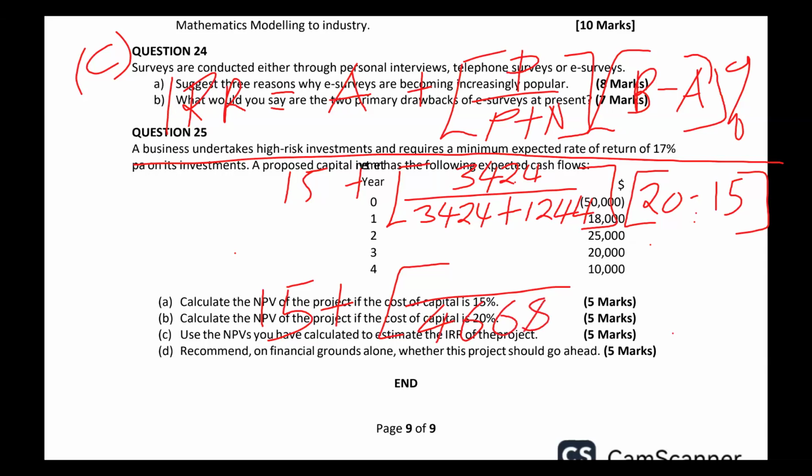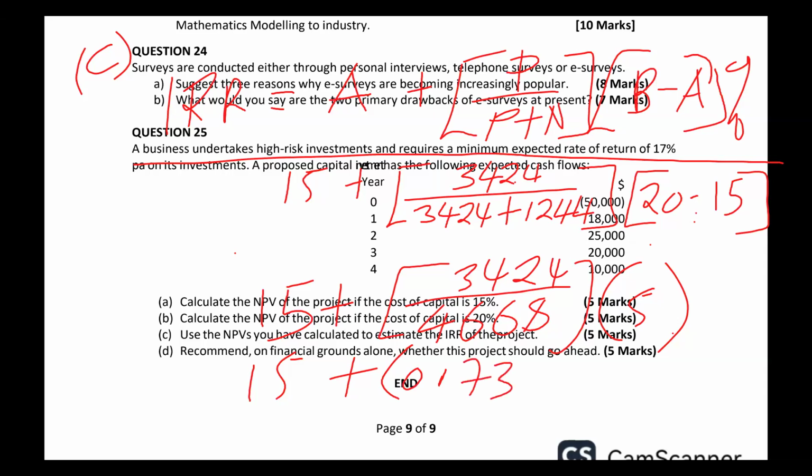Then 20 minus 15 is 5. So let's work out the parentheses. What is 3424 divided by 4668? Zero point 733504712.